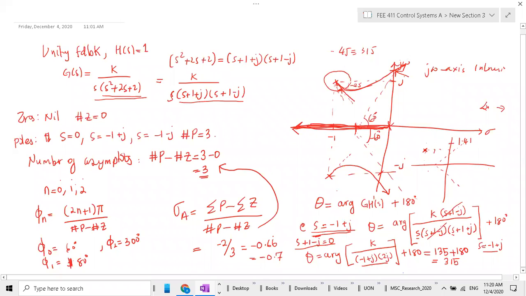So we have 45, and I'll say it will go like that, as I'm forcing it to intersect the 1.41 on the j omega axis.